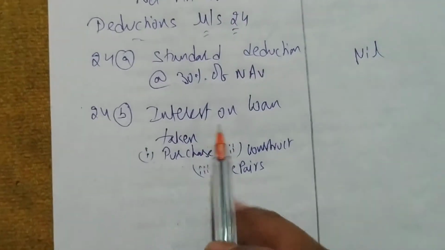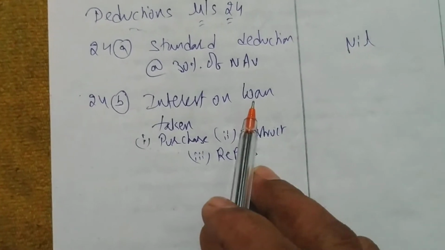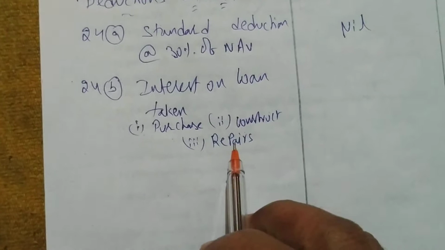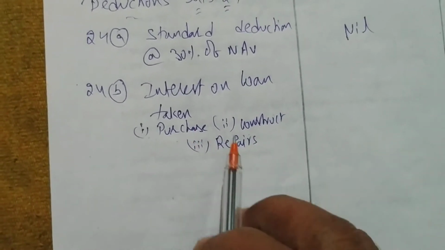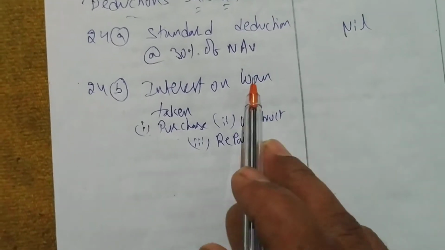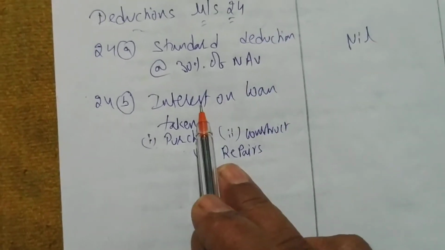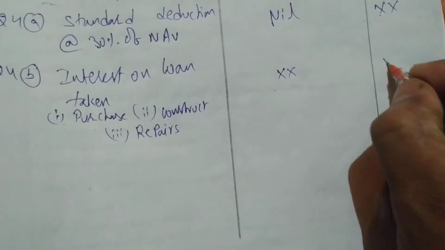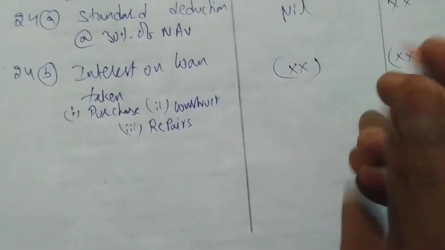The owner of the house property has taken the loan for purchase, construction or repairs of the house. If he is paying any interest on that loan, that will be allowed as deduction, and here also it will be allowed as deduction.